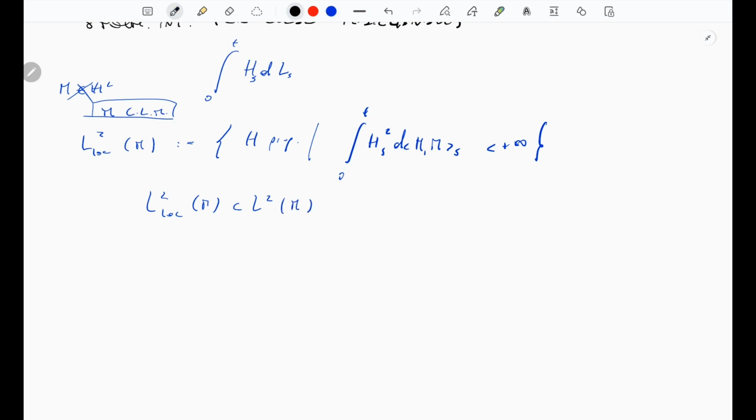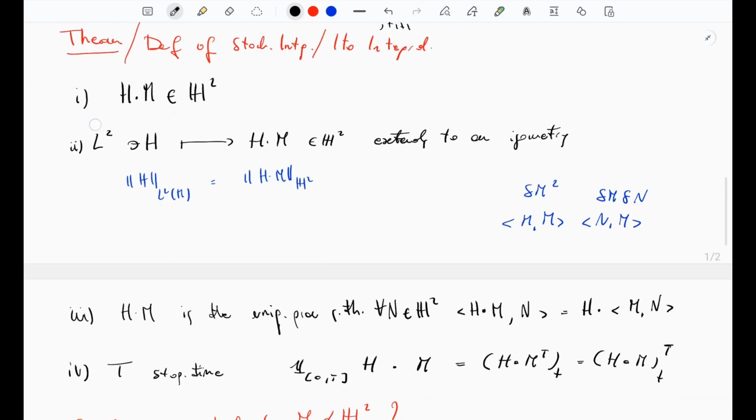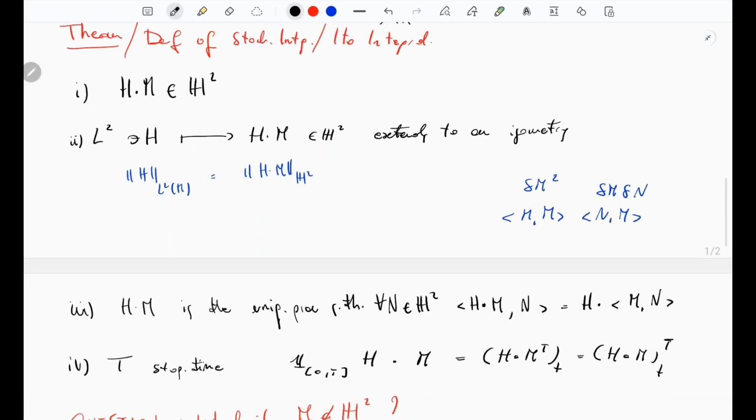So these properties 1 through 4 still hold true. The only difference is obviously here. You're no longer going to be in H2, but you're going to have a continuous local martingale.